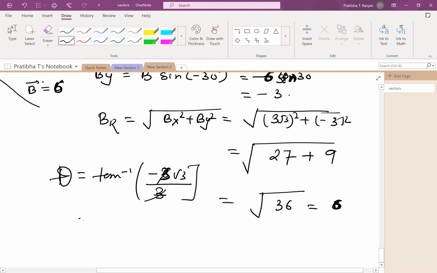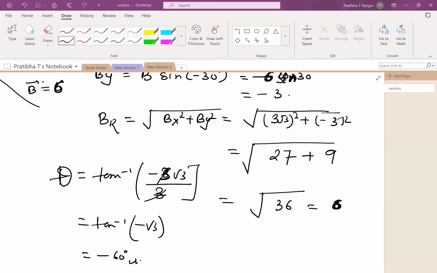So 3 cancels. It's tan inverse of negative root 3, and you get negative 60 degrees. We did the calculation using the components, so we can convert these components into quadrants, and as per the quadrants we can calculate it, right?